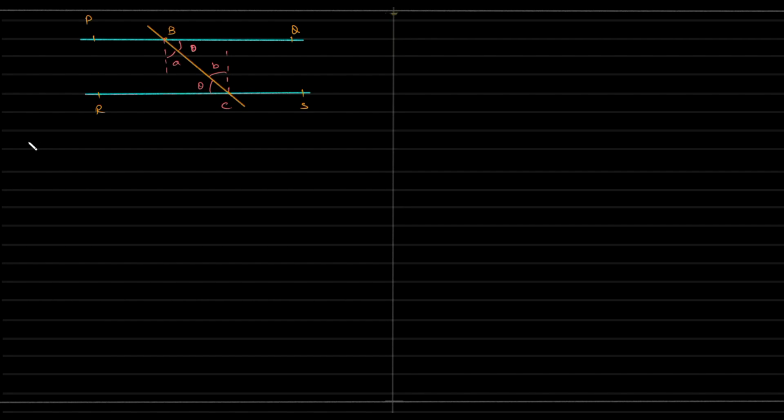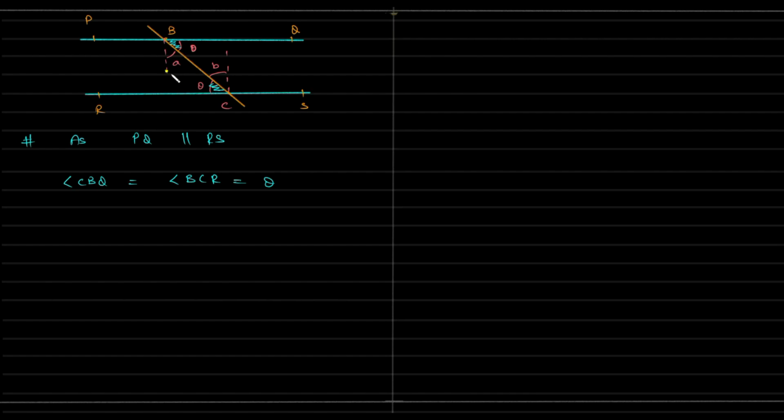So we'll write the proof continuation: as PQ is parallel to RS, angle CBQ is equal to angle BCR, which is equal to theta. So these two angles are equal.